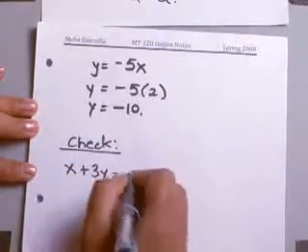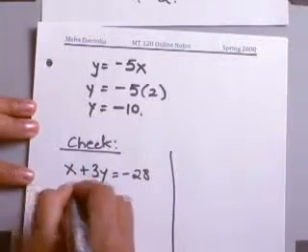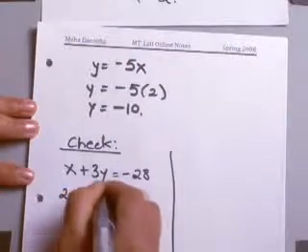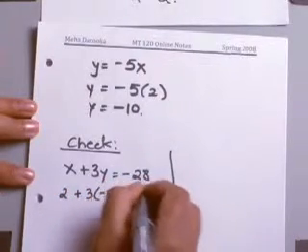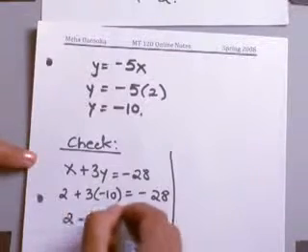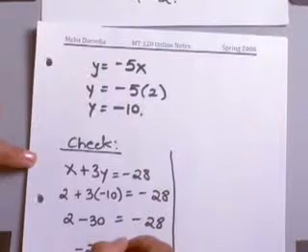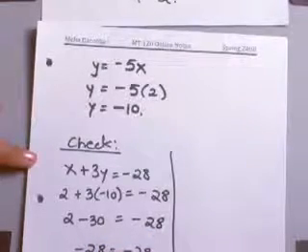Let's see if we end up with a true statement. Your x was 2, your y is negative 10. That will give you 2 minus 30, and you will see that we end up with a true statement.